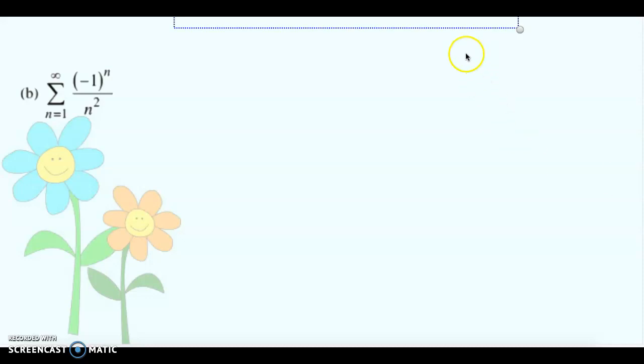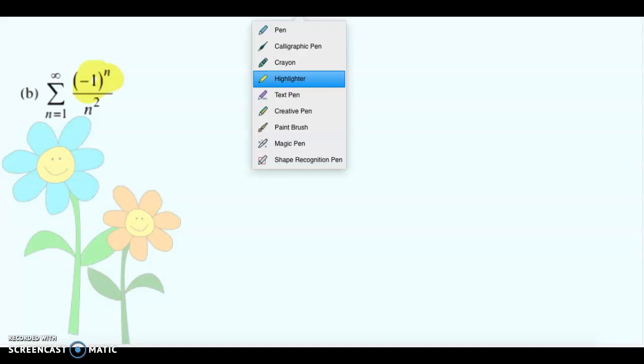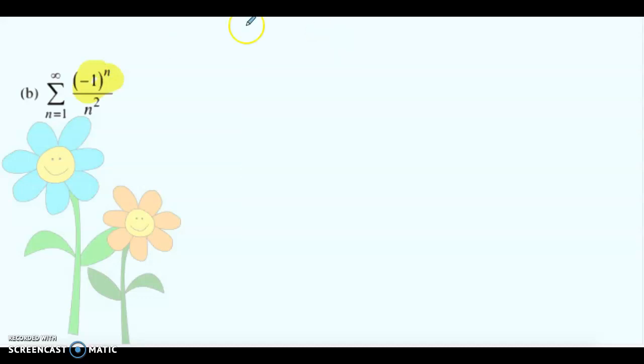We are having an alternating series, and we can tell that because we've got our -1 now to the nth power. So we are alternating, so that's our first check. Decreasing in magnitude. So let's write that out.